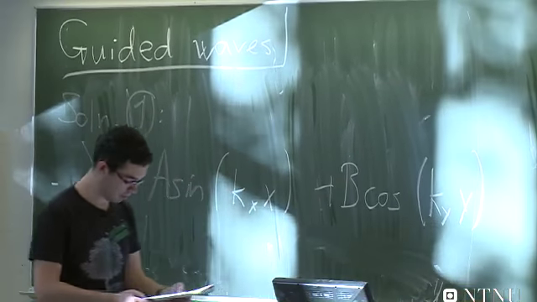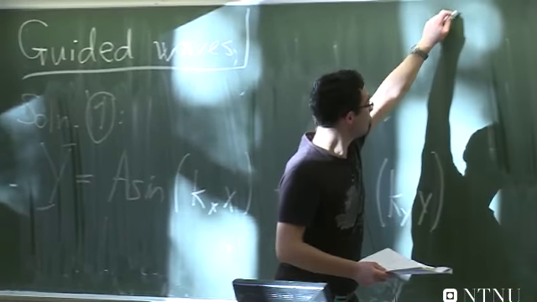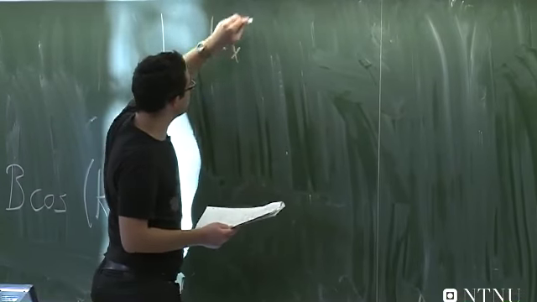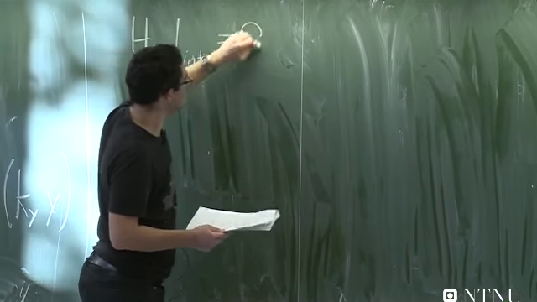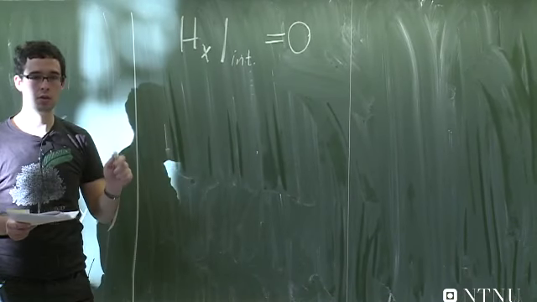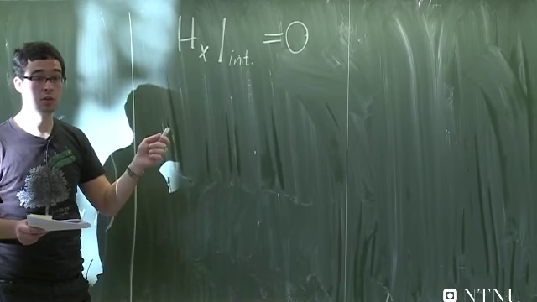And let's see the boundary conditions for that. If I look at the following. Hx at the interface is equal to 0, right? The parallel component of the H field is equal to 0 at the interface, meaning that Hx has to be 0 at the interface.